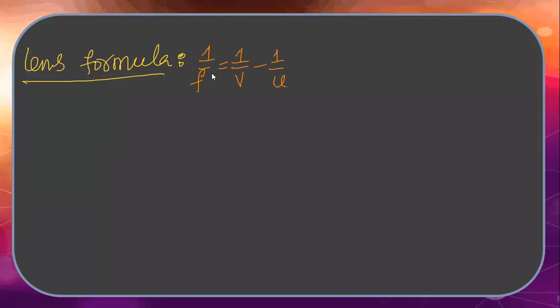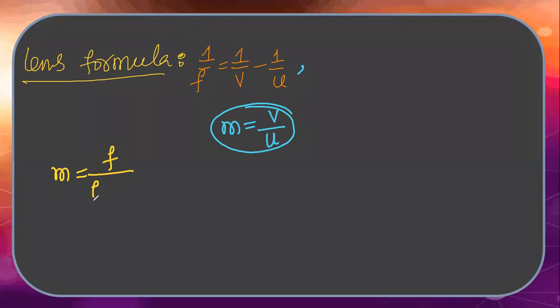Magnification m is equal to v divided by u. Shortcut formulas are also there for this lens: m is equal to f divided by f plus u, or m is equal to f minus v divided by f. Right?